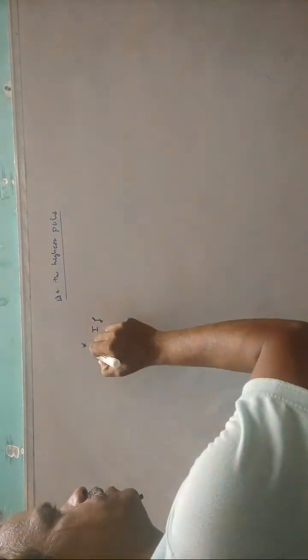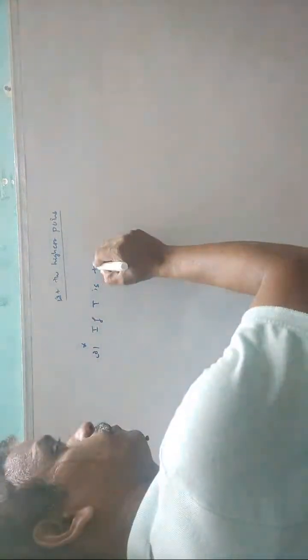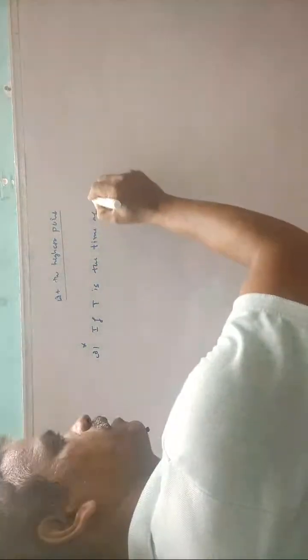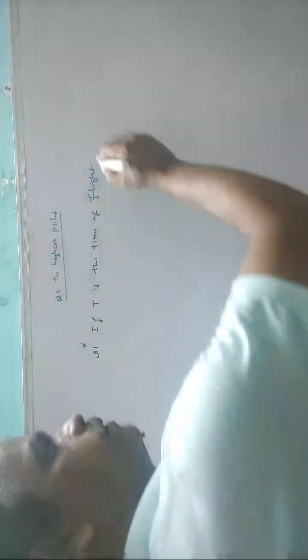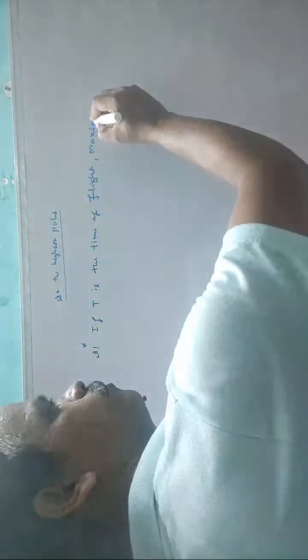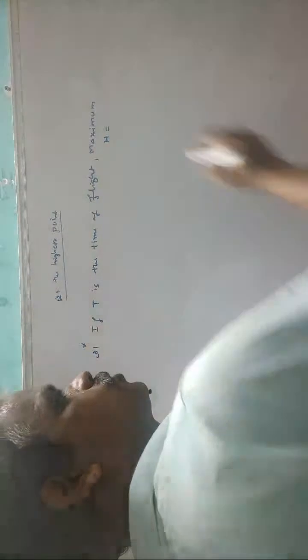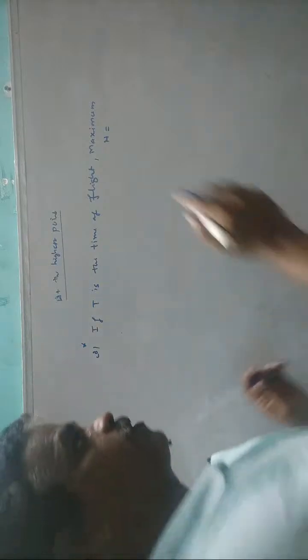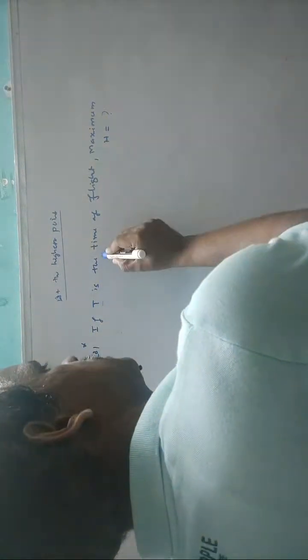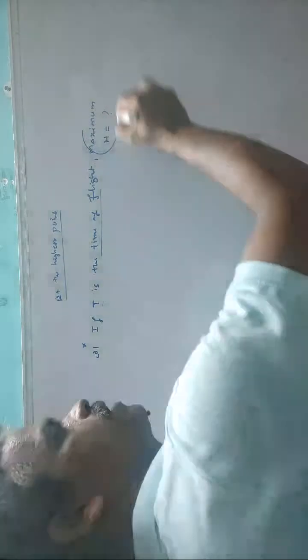If capital T is the time of flight, then maximum height equal to what?